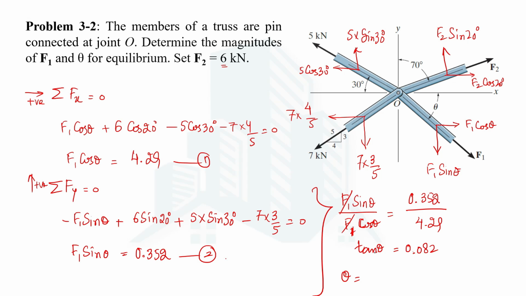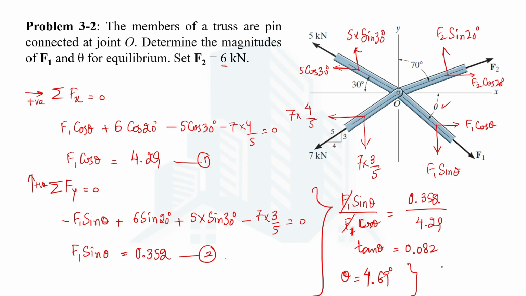If you calculate the tan inverse of this, you will result the angle as 4.69 degrees as the angle of F1 force, and if you put in any of these equations, you will result the value of F1.